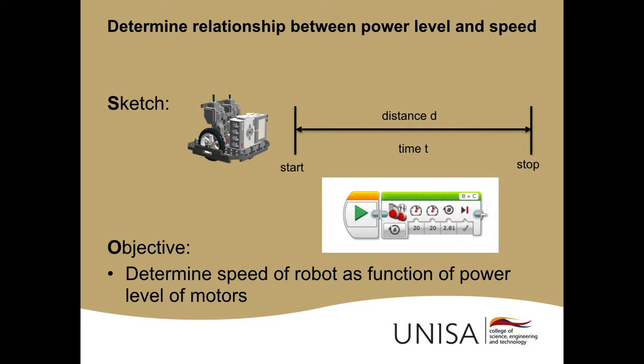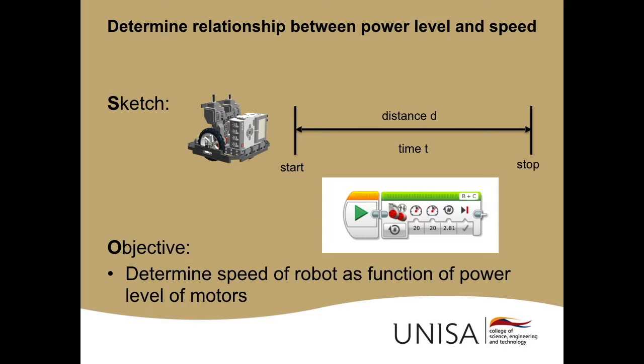But what we can easily measure is the distance between the start and stop line. We call that d again. And we can measure the time it takes the robot to move from the start to the stop line. And then we can use those two variables, distance and time, to determine the speed of the robot.